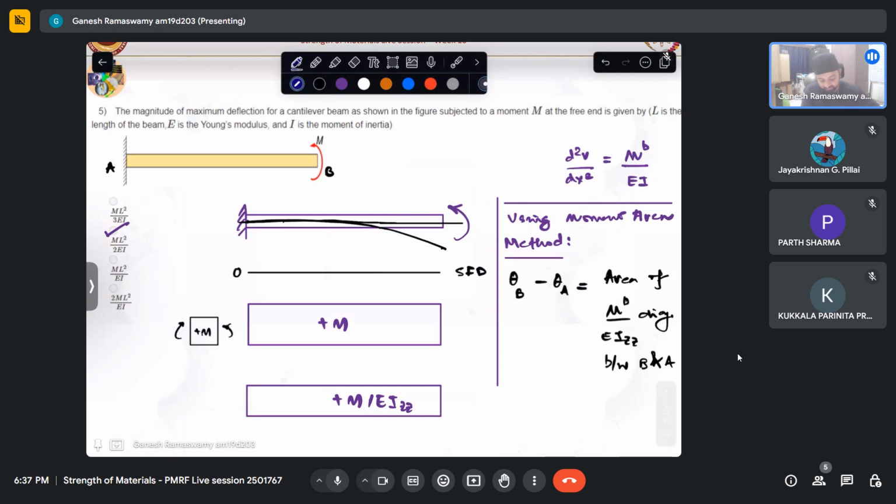Granted, if we had some sinusoidal wave or some random function that describes the load here, then naturally our bending moment diagram is going to be much more complex, and it will no longer be simple shapes. It will be some higher order curve, in which case we can go with our double integration method, which is the basis for everything.